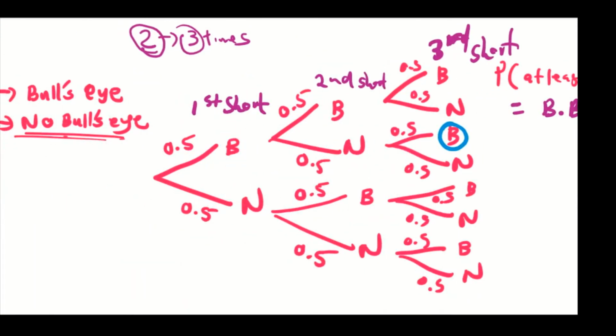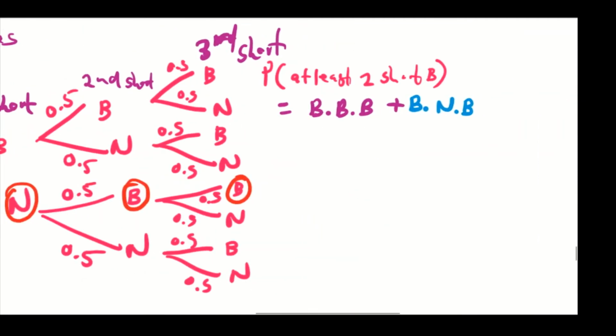So we are done with this one here, and then another way is, let me see, no, this one is out, considering this N, but you still hit twice, right? So it's going to be plus N B B, right?